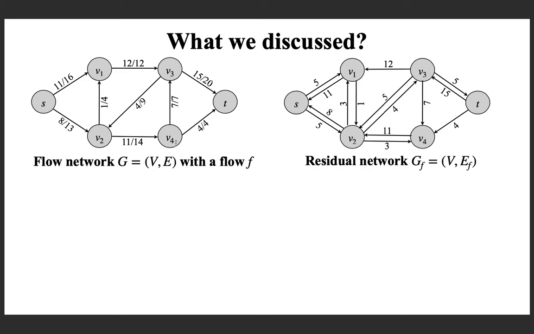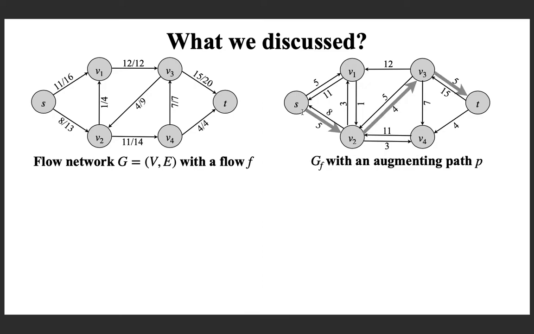Given a flow network and a flow, it induces a residual network based on which the Ford Fulkerson method obtained an augmenting path if there is one, and then utilized it to increase the flow in the original network using flow augmentation.